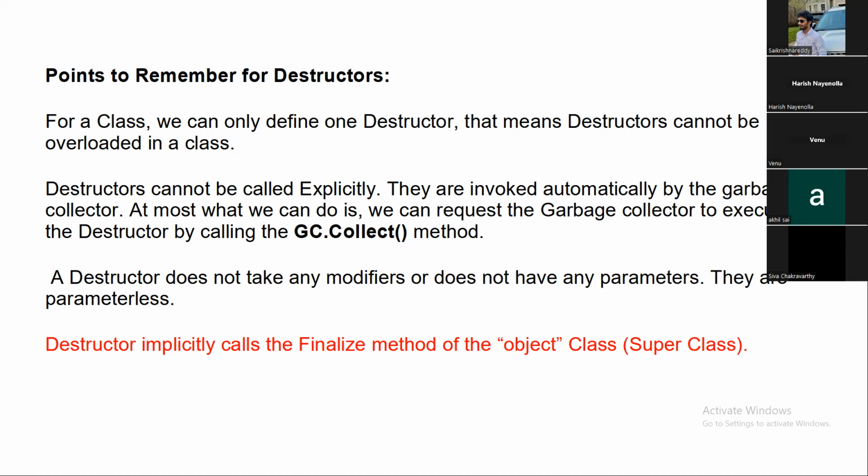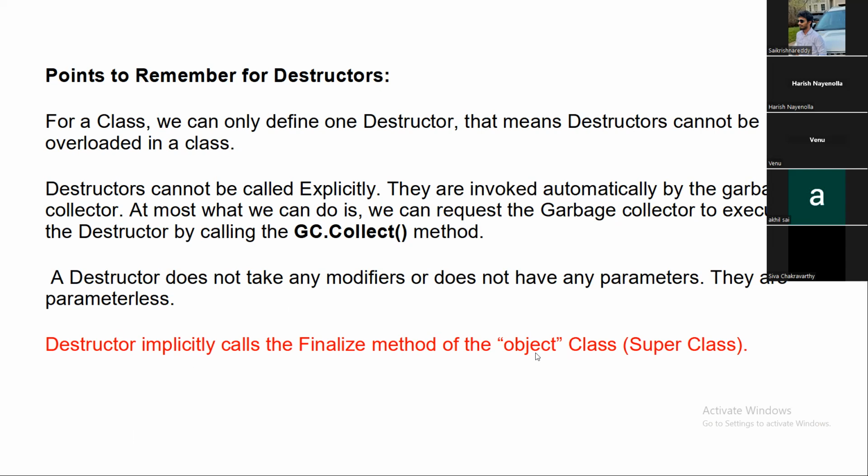So you cannot call destructors explicitly, but if you want to clean up the memory, you can invoke it using the GC.Collect statement. And one more thing, it's also one of the interview questions: a destructor implicitly calls the Finalize method of the object class. Object is the father of the classes, called the superclass.